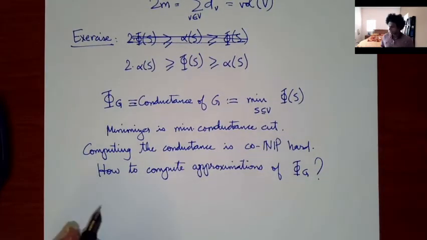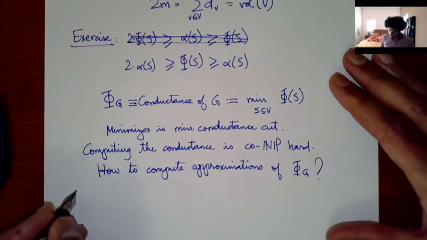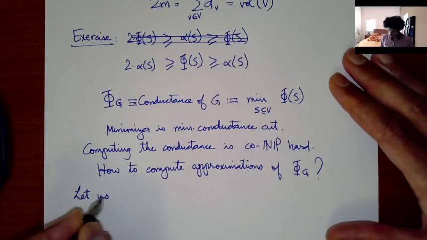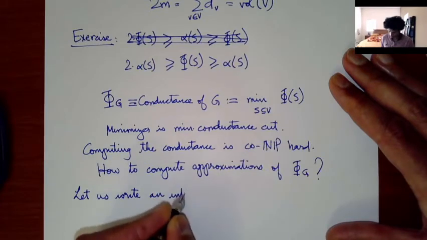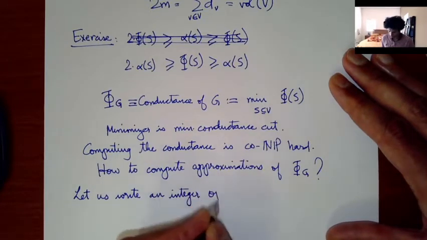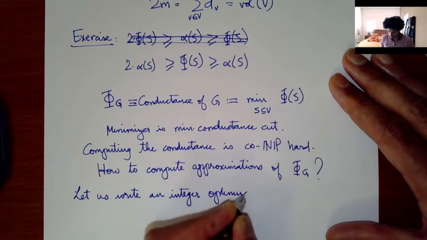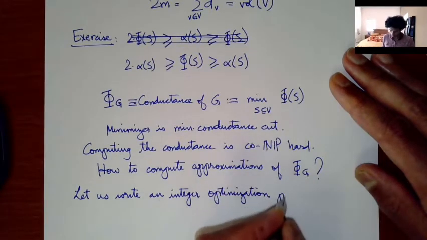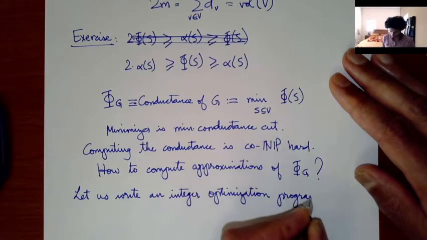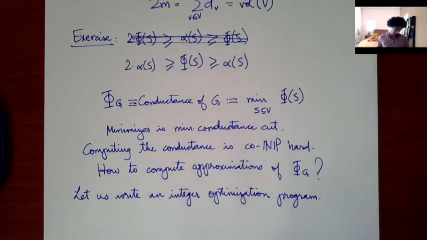We'll begin in our usual setting by writing an integer program. It turns out the program is not going to be linear. I say an optimization program because it's actually going to be a quadratic program.